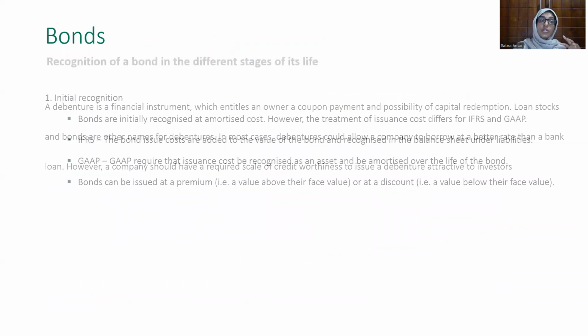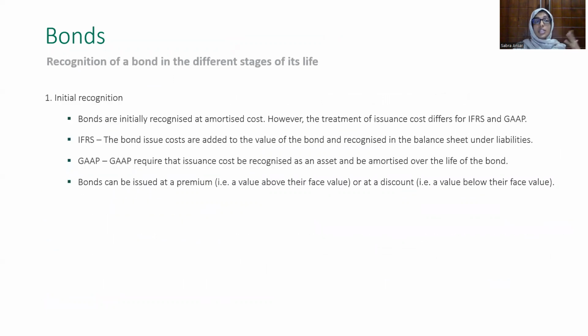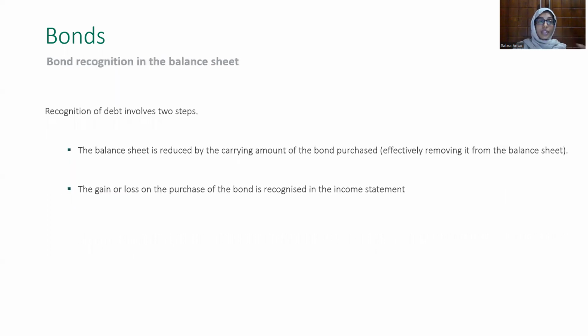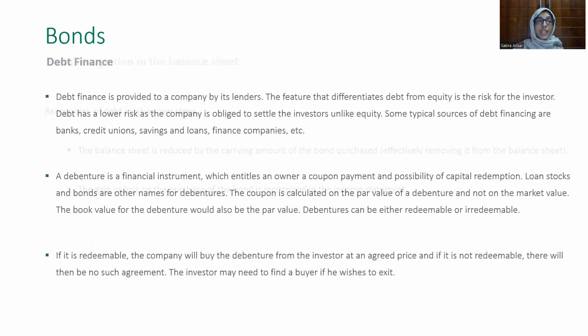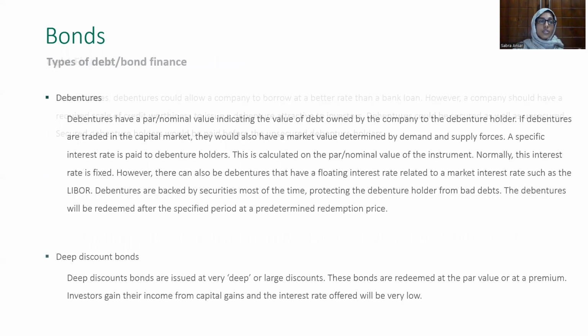And then we talked about bonds and how they are recognized, the initial recognition, thereafter the subsequent measurement, or how it is included if there is a discount or even a premium. And then we moved on to recognition in 2 steps, how we include it in a balance sheet or income statement.